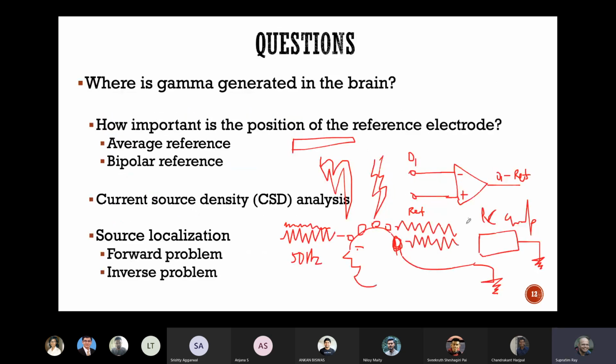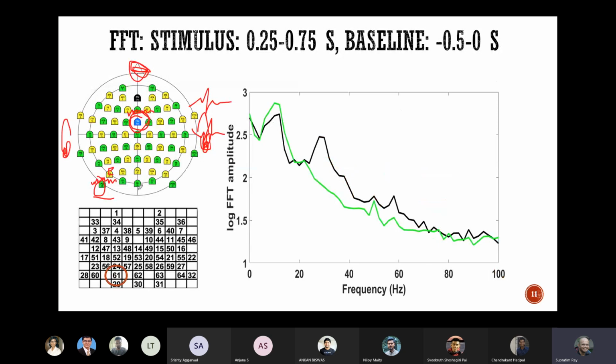Here what you mean is that when you look at this electrode here, for example, you will reference it with respect to this one, which means you are going to look at Oz minus O2 and think of it as a virtual electrode sitting here in the middle. Now you may say, why on earth should I do that?